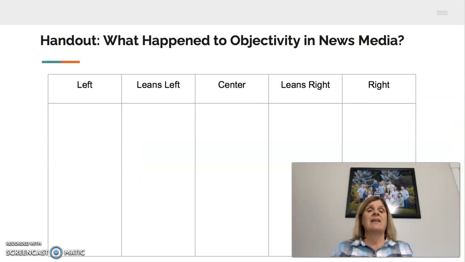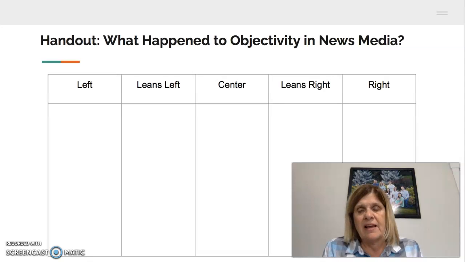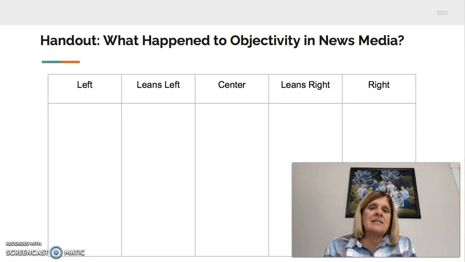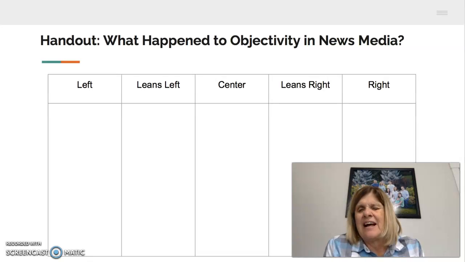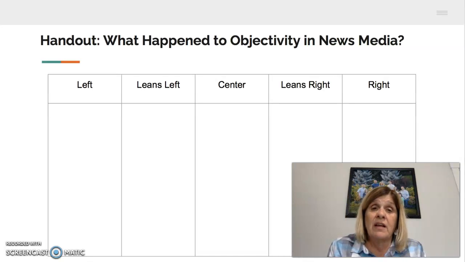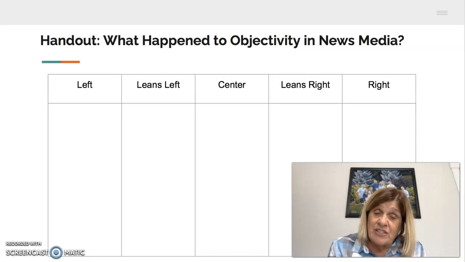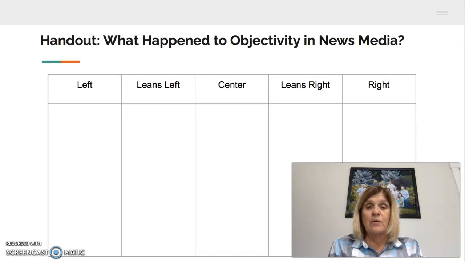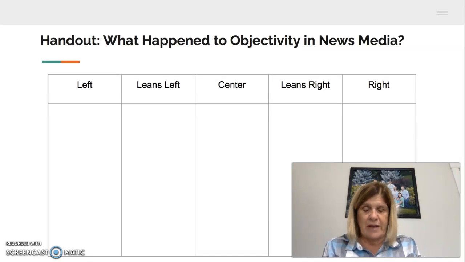To illustrate that, in class there is a handout with your packet that looks like this. I am naming 20 or 30 different news agencies, and I'm having the students write each agency where they think it lies in objectivity: whether it is a left agency, leans left, a center or objective source, leans right, or right.